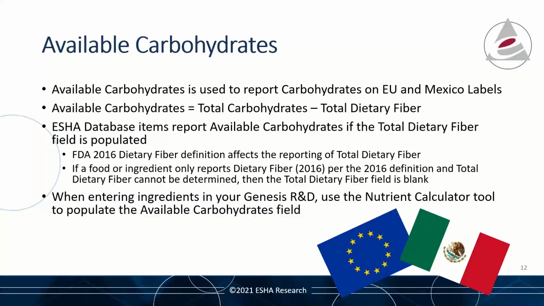So for Mexico and EU, if available carbohydrates is not populated for your ingredients and for your recipe, then the calories and carbohydrates information on the label might not be reported correctly. You can use the nutrient calculator to populate available carbohydrates field for each ingredient, which is typically the best approach. Or for your recipes, you can manually enter available carbohydrates values.